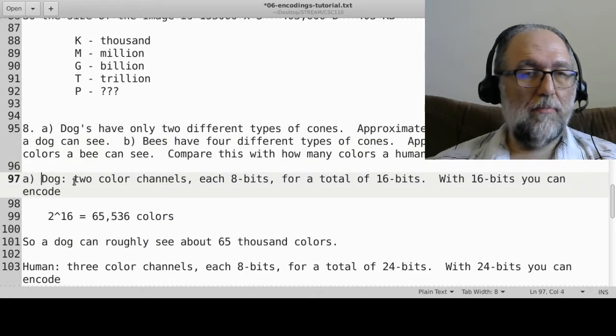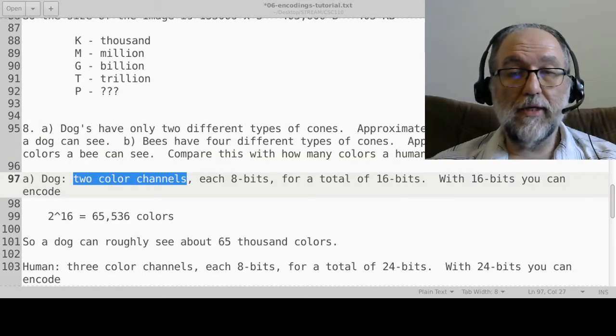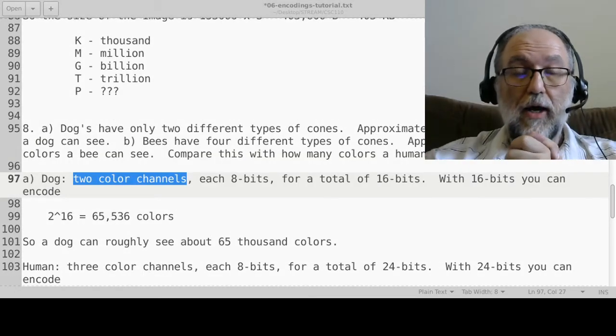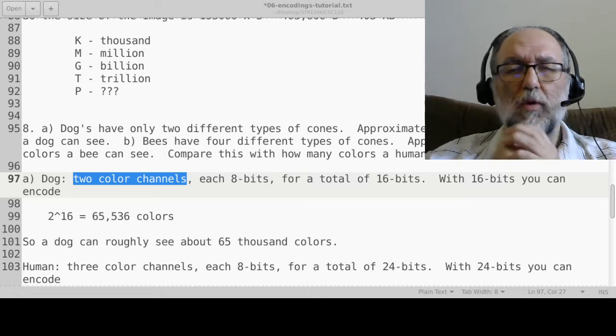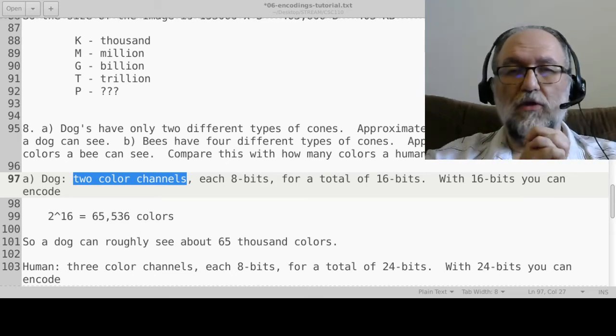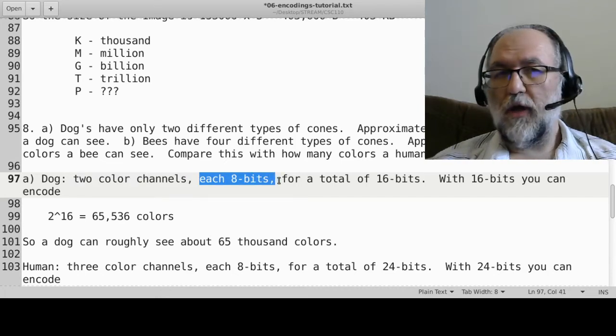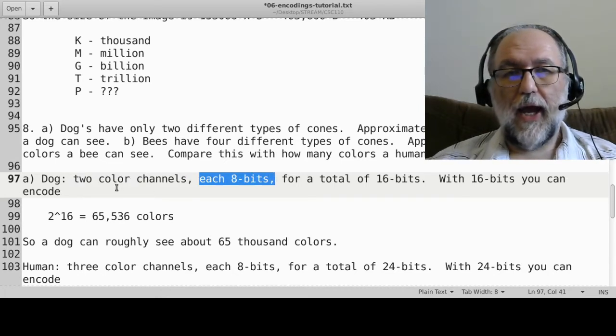All right, so part A, two colors. Each cone is its own channel, a color channel. I don't know what the colors are that a dog sees, but whatever the one color channel is, it needs eight bits. So to encode a particular color channel, it takes 8 bits, and the other color channel also needs 8 bits.